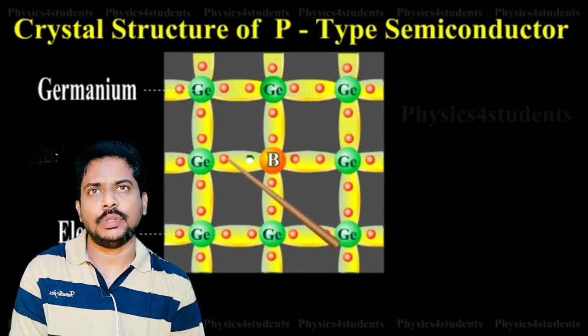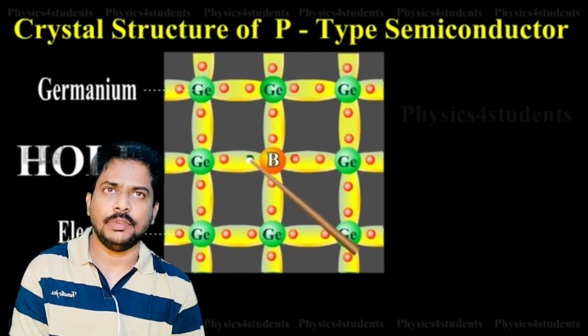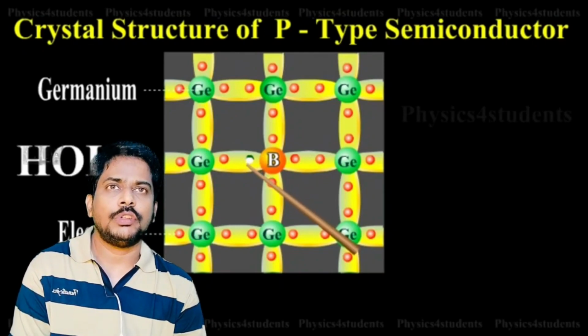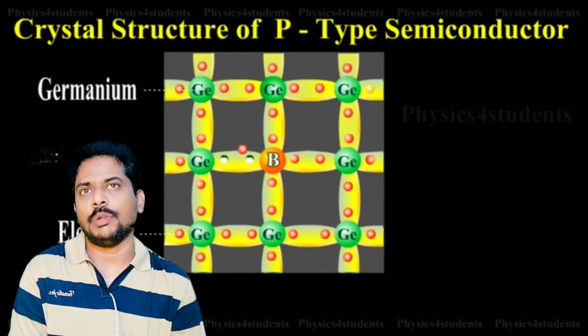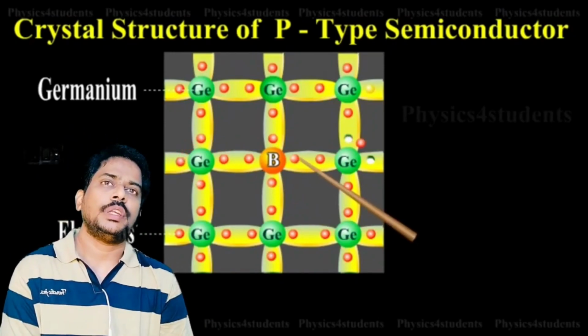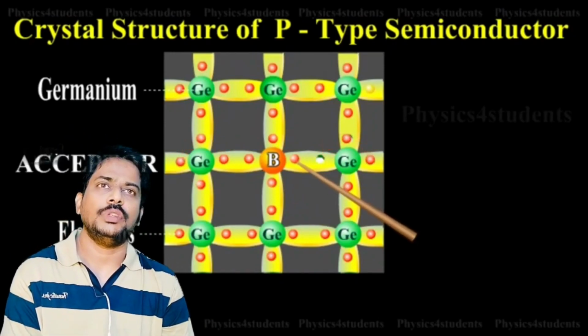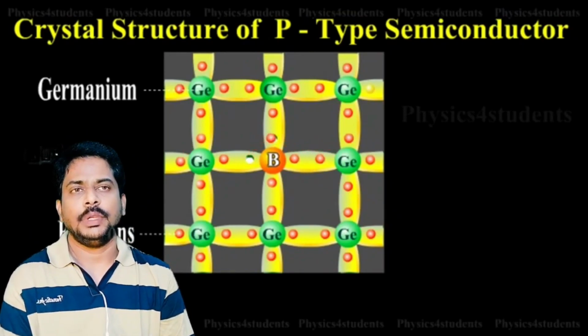So that is how the electrons shift from one place to another, creating a hole at the place from which it has jumped. If the electrons jump from left to right, the holes will move from right to left, or vice versa. So holes and electrons move in the opposite direction to each other. And this is the p-type.